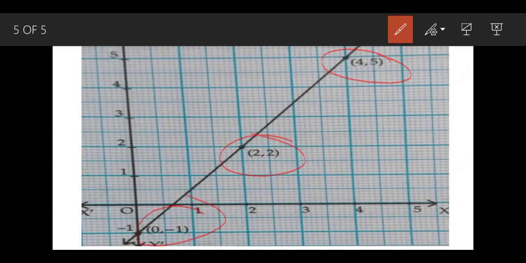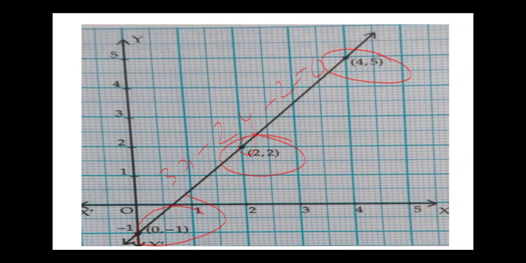We have plotted these points on the graph, join them with a straight line, extend it on both sides, and write the equation 3x minus 2y minus 2 is equal to 0. As we are working on a graph, it should be neat and clean work with a pointed pencil. Thank you.